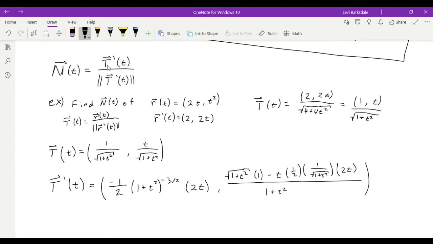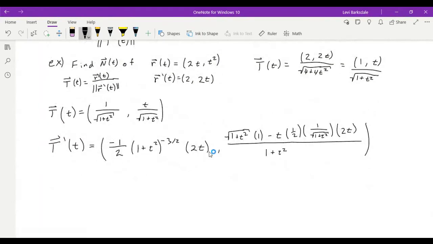And if we wanted to simplify this a bit, that simplifies down to, that 2 cancels with that 2.